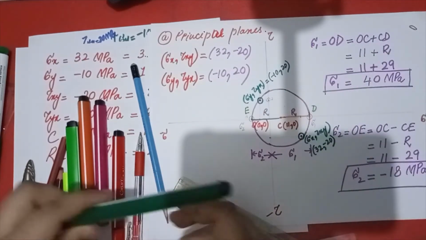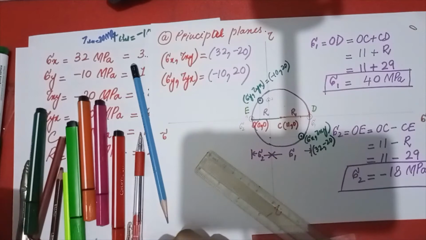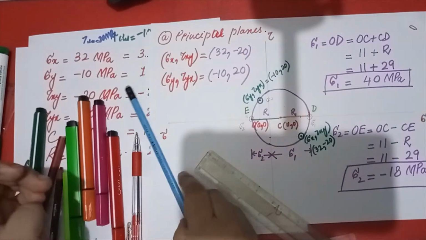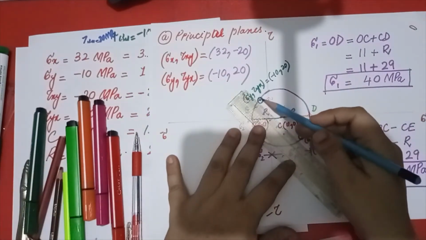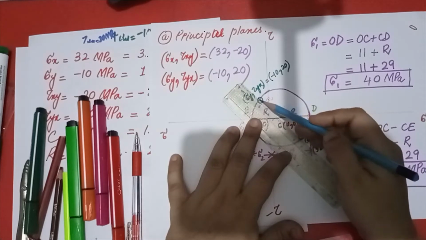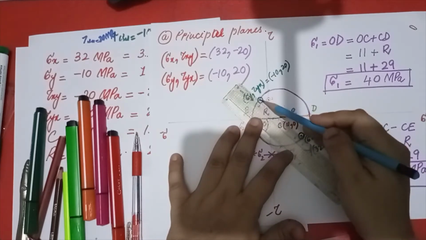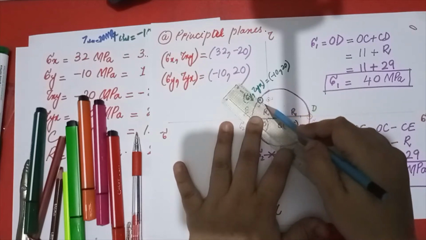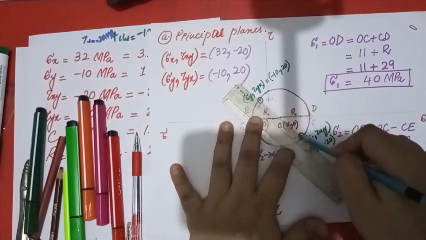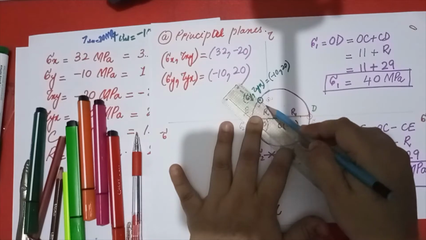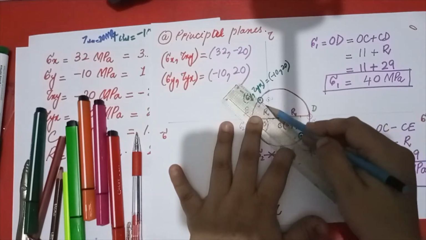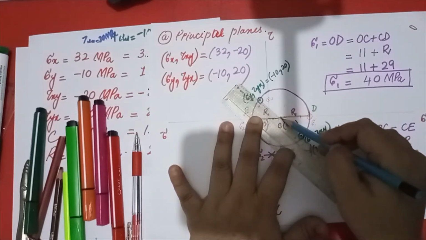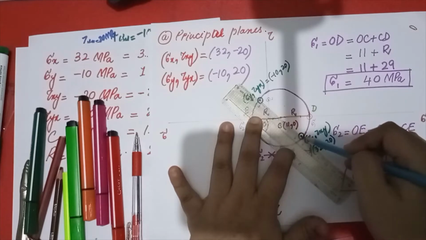Now, in the next step, I will make a line passing through this point, the C point, and this point.